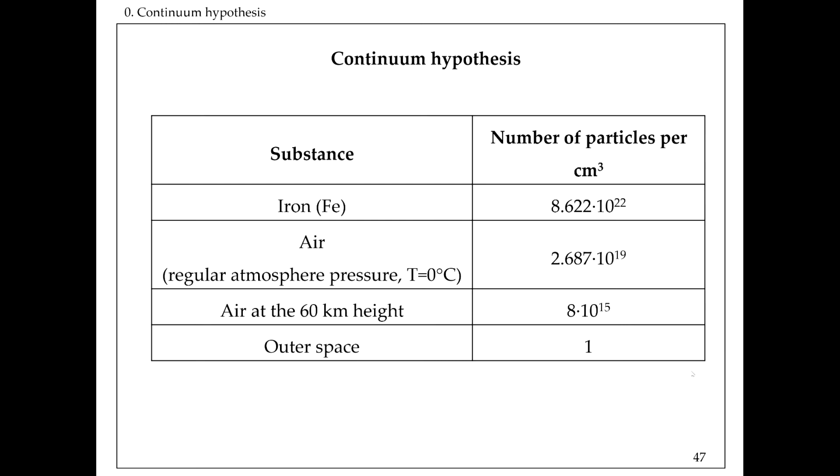Again, this is just an introduction. It's more like building intuition, but I need to say these few words. And here are a few examples: for different systems there are very different numbers of elementary particles that will be included in the same volume of, for example, a cubic centimeter.